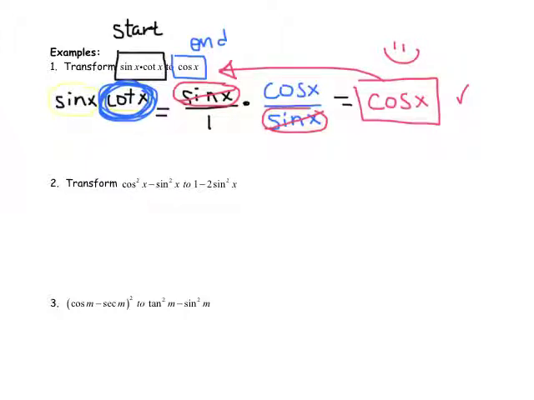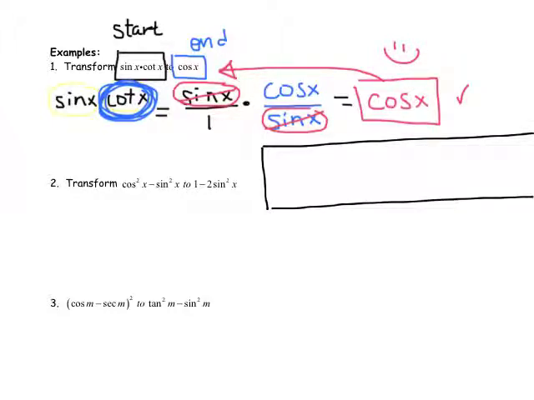All right, this next proof: cosine squared minus sine squared equals 1 minus 2 sine squared. What you have to remember for this one is to go back to the Pythagorean theorem that we just did. I'm just going to write those down because it's hard for me to flip back and forth.